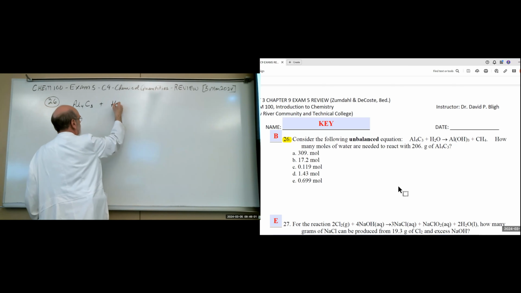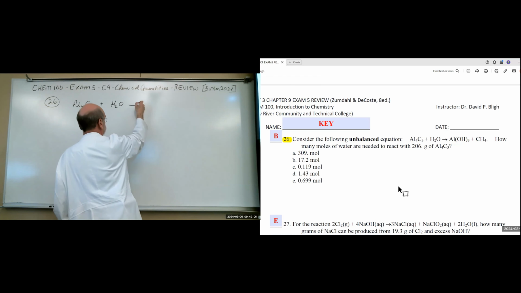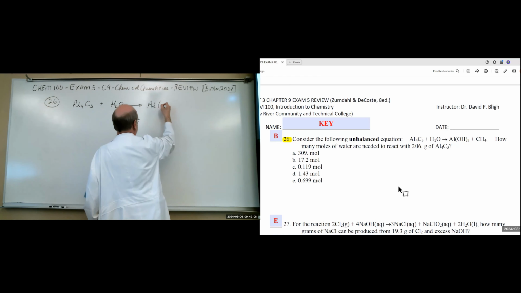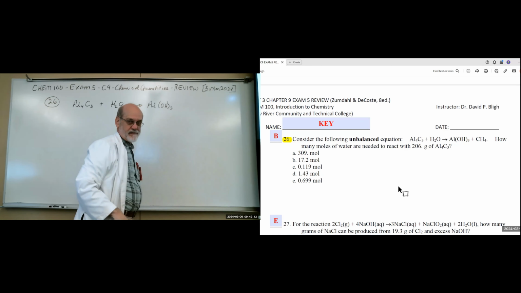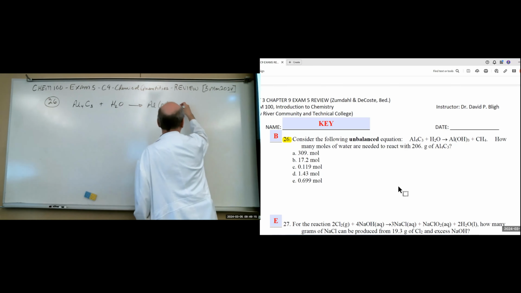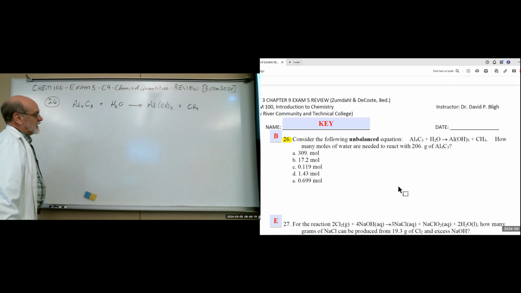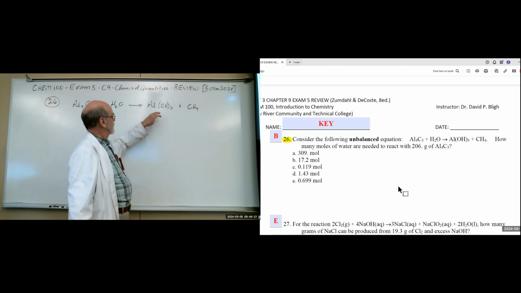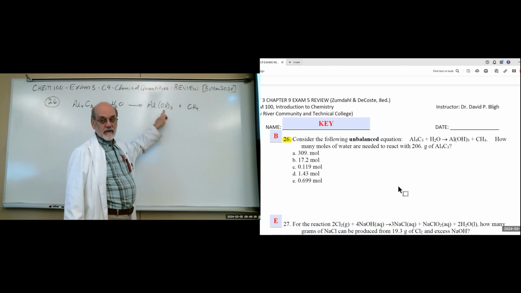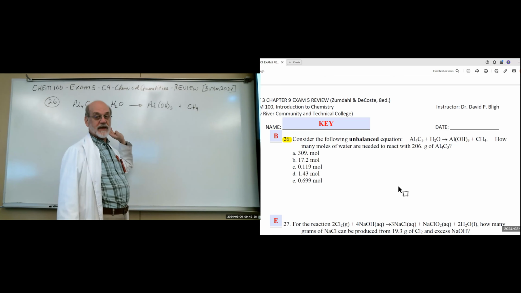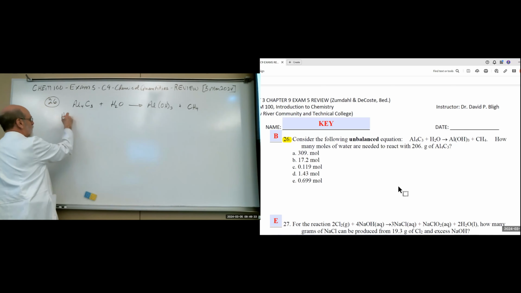Plus water yields aluminum hydroxide plus methane. All right. Notice we don't have any elements here. And we've got a polyatomic ion here that wasn't there on this side. So that means everything has to be broken down into elements to balance the equation.